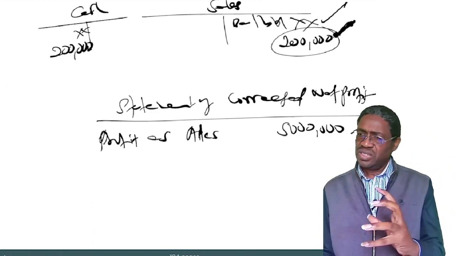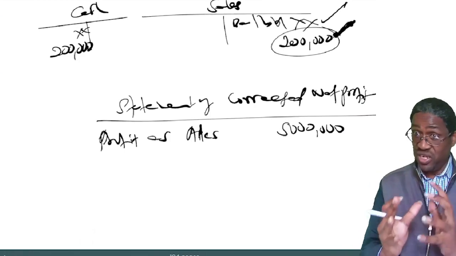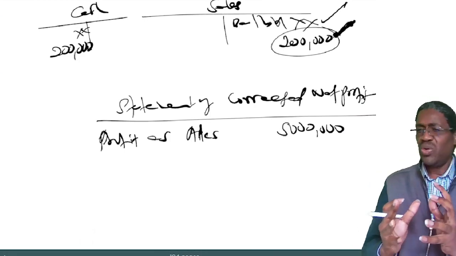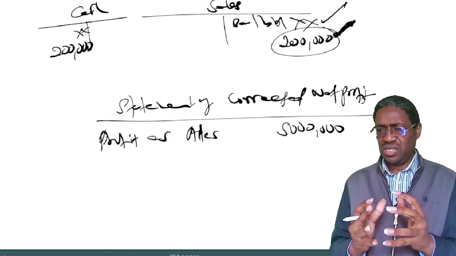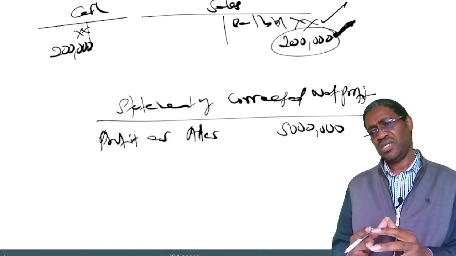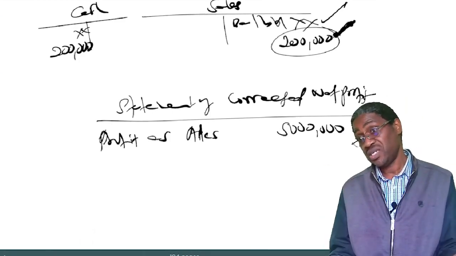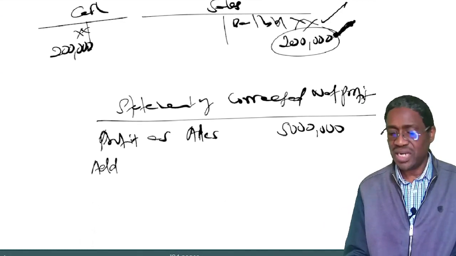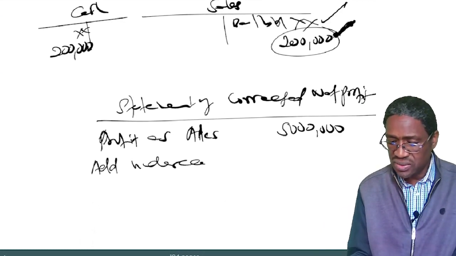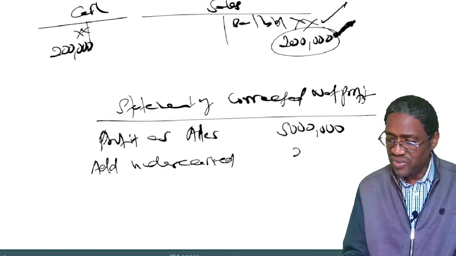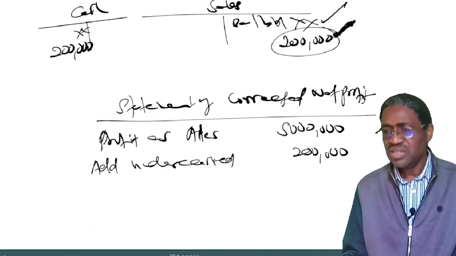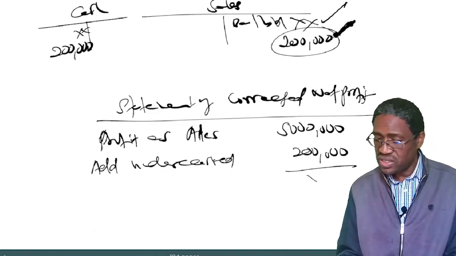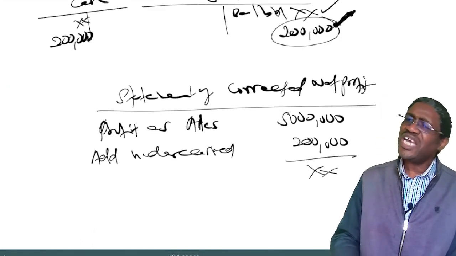Obvious. Sales is a revenue, and when revenue or income is less, automatically profit will be less. So to correct that, I'll add that undercosted sales, whatever it is, maybe 200. Maybe there is another error you committed.